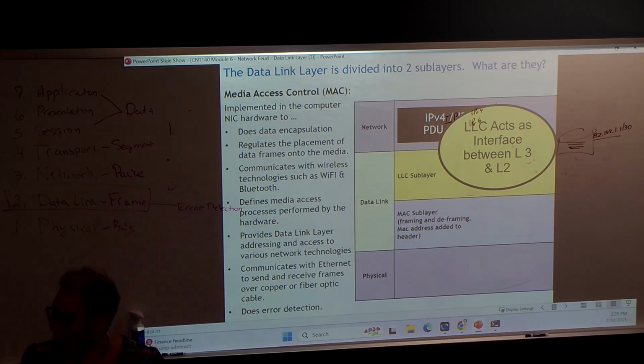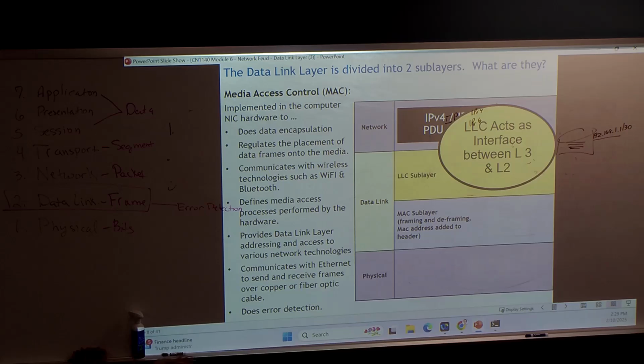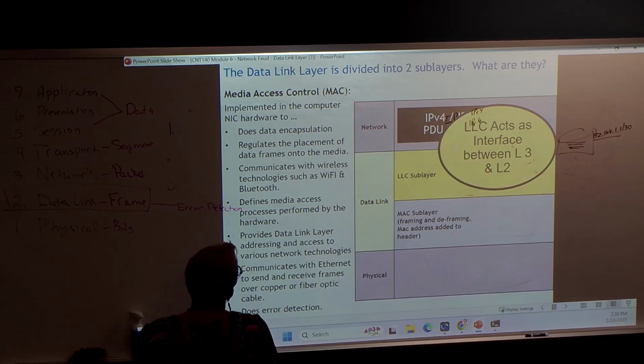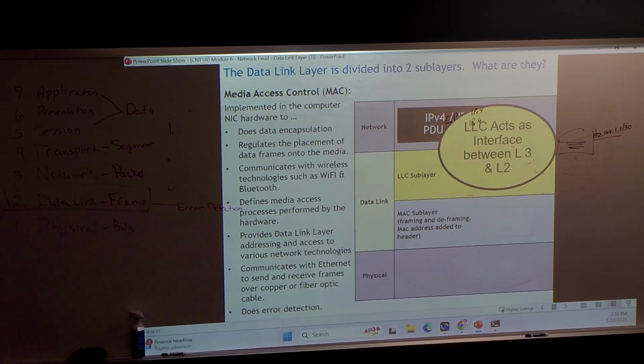It happens at the MAC. Can the MAC sublayer fix errors? No, it can just detect them.